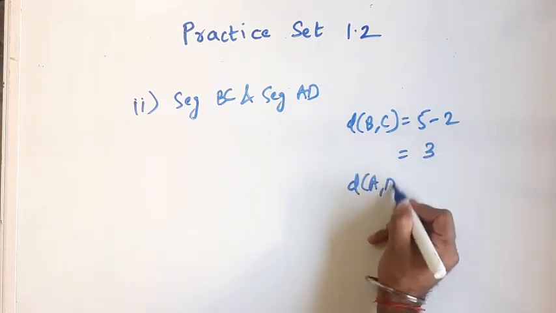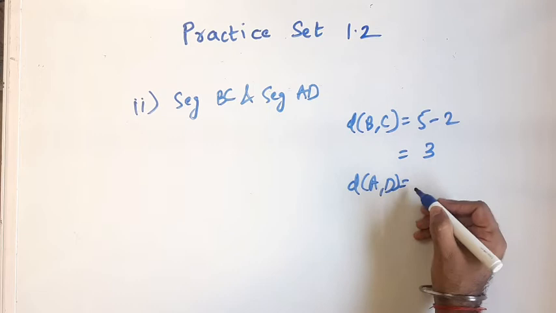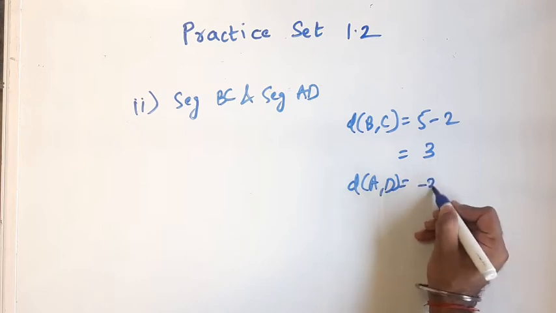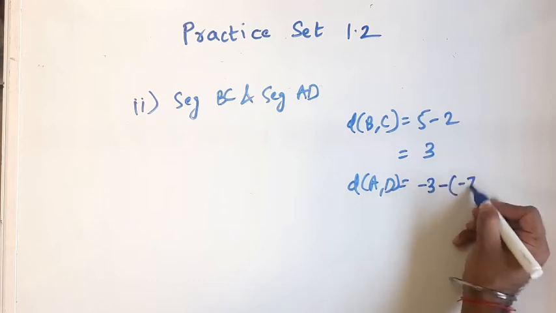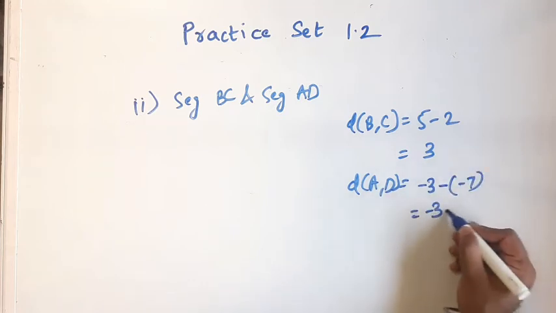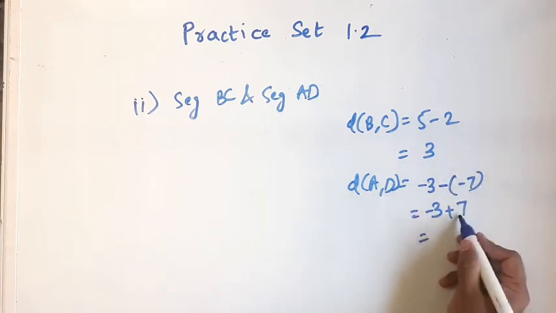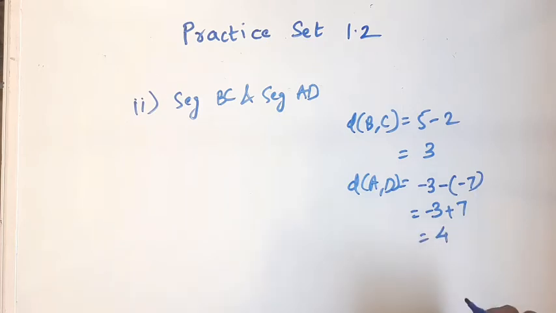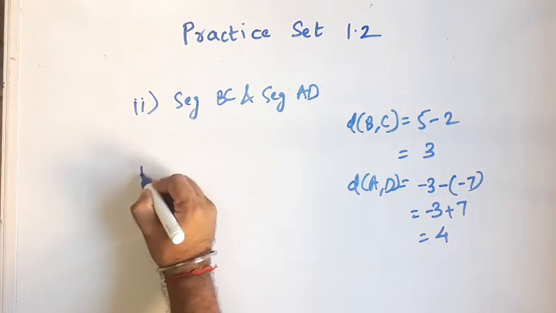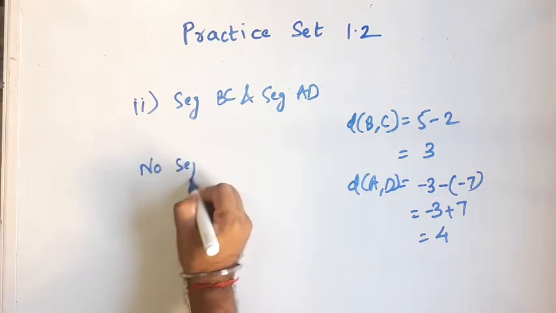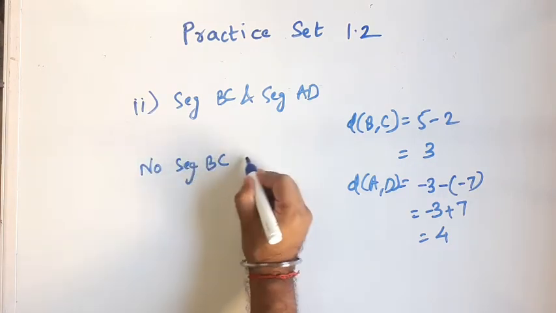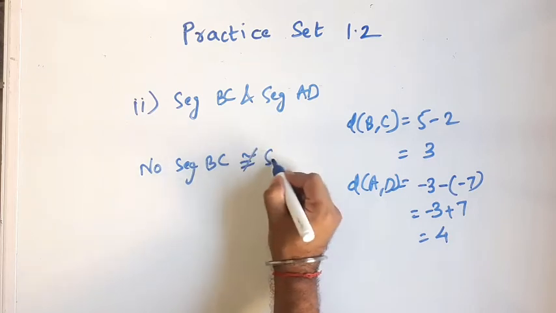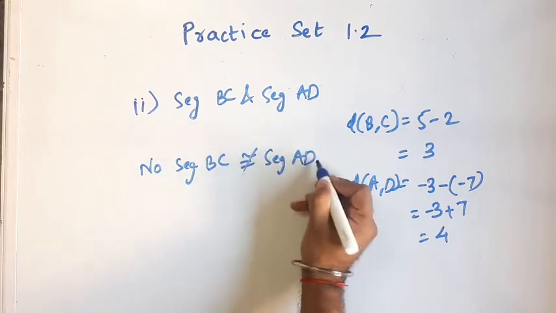And distance AD, if I write, -3 is bigger, -3 minus -7, so it is -3 plus 7. What is 7 minus 3? It is 4. So here BC and AD are also not congruent. No, segment BC is not congruent to segment AD.